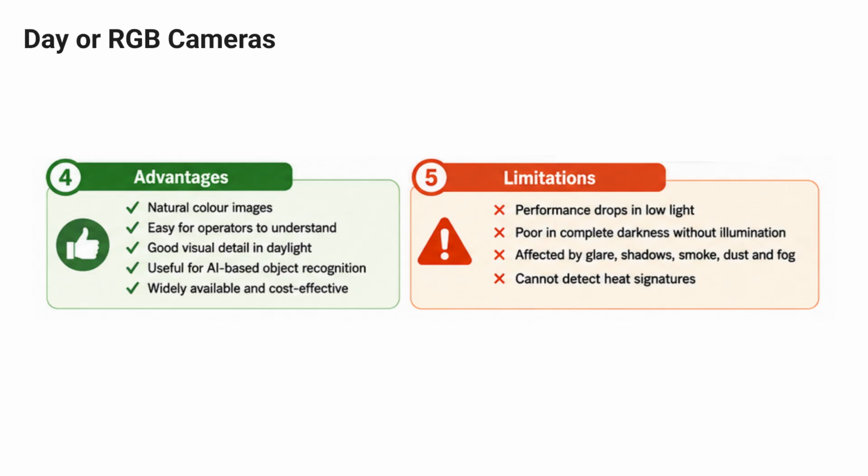Their performance drops significantly in low-light conditions, and they cannot operate effectively in complete darkness without additional illumination. They may also be affected by glare, deep shadows, smoke, dust, fog, and harsh weather. Most importantly, RGB cameras cannot detect heat signatures. For this reason, they are often combined with low-light, infrared, or thermal cameras for reliable day and night UGV operation.